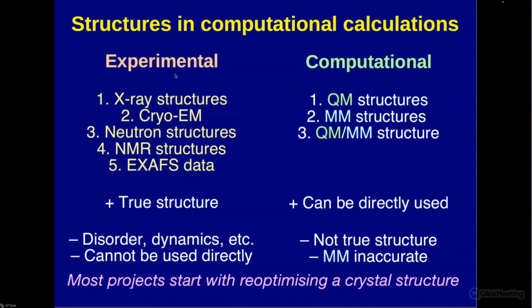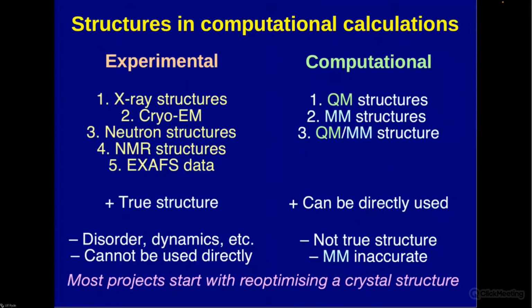Or we can use experimental structures, there are many different types nowadays, which are in some way the true structure, but there are problems with disorder, dynamics and other things. And the bad thing is that you cannot directly calculate energy from them because there are uncertainties or small errors both in the experiment and the calculations.